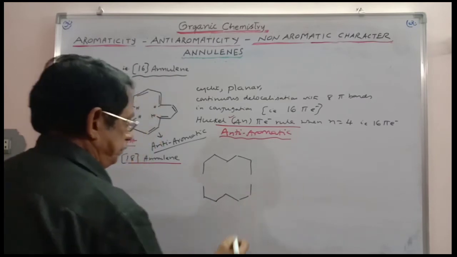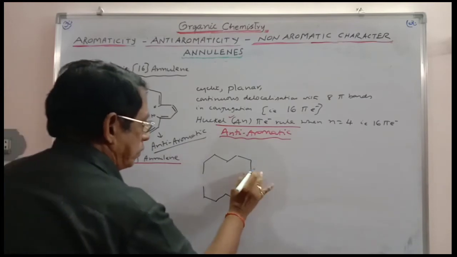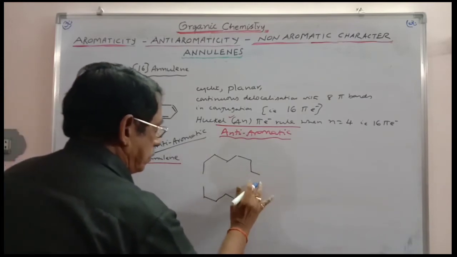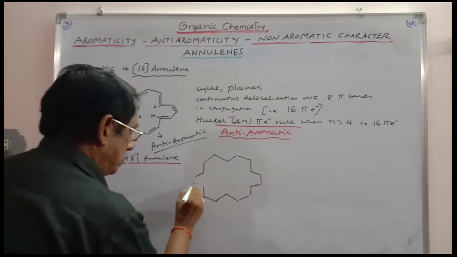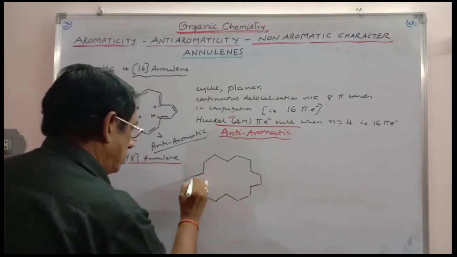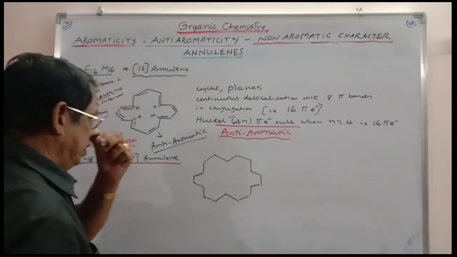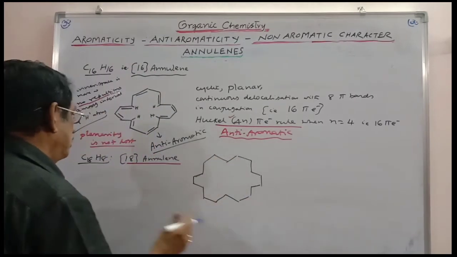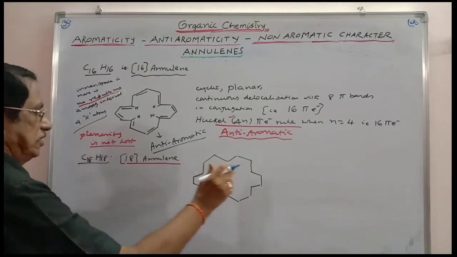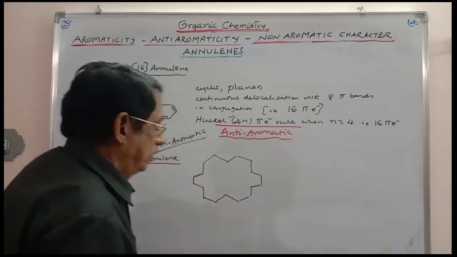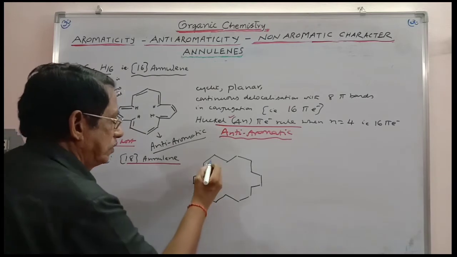This is 2. This is 3. This is the structure of C18H18, 18 annulene. There are 18 carbons in this.